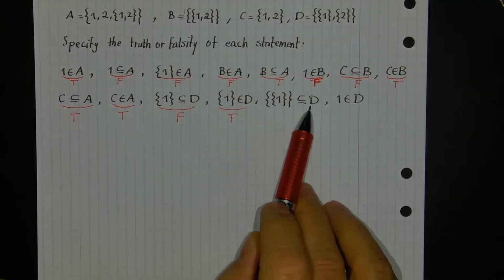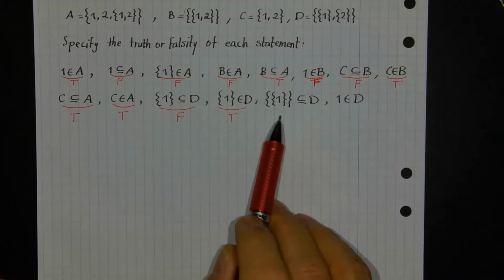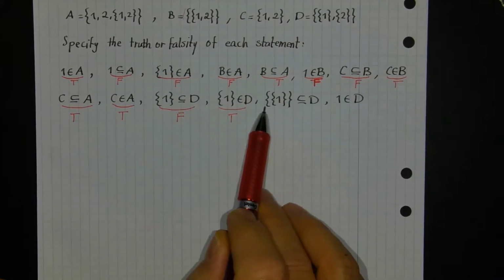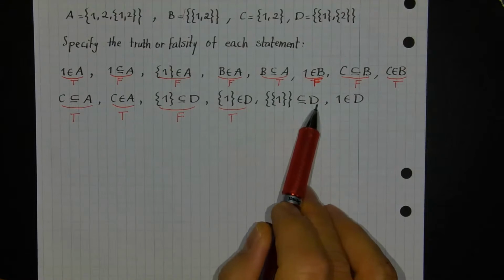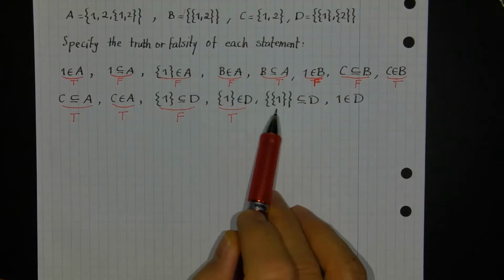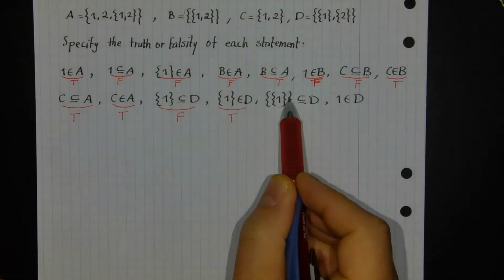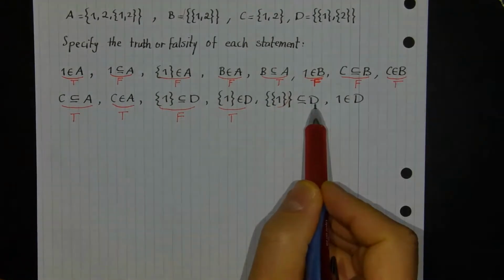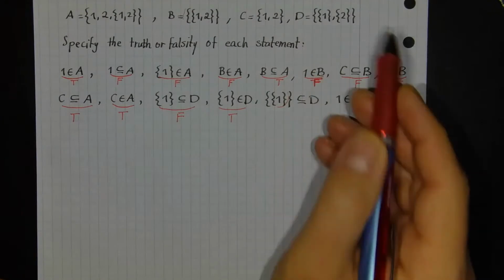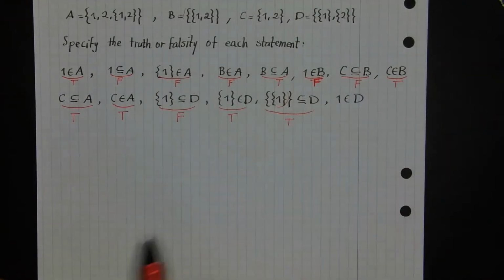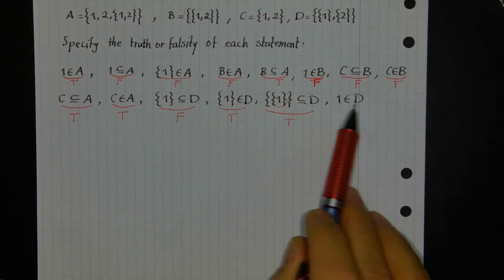What about this one? If you want to check the subset relation, you need to see that whatever is inside the first set is also inside the second set. Whatever is inside the first set is just this curly bracket 1. Is it an element of D? Yes, the curly bracket is an element of D. So this means that this is also true. But if I say, does 1 belong to D?